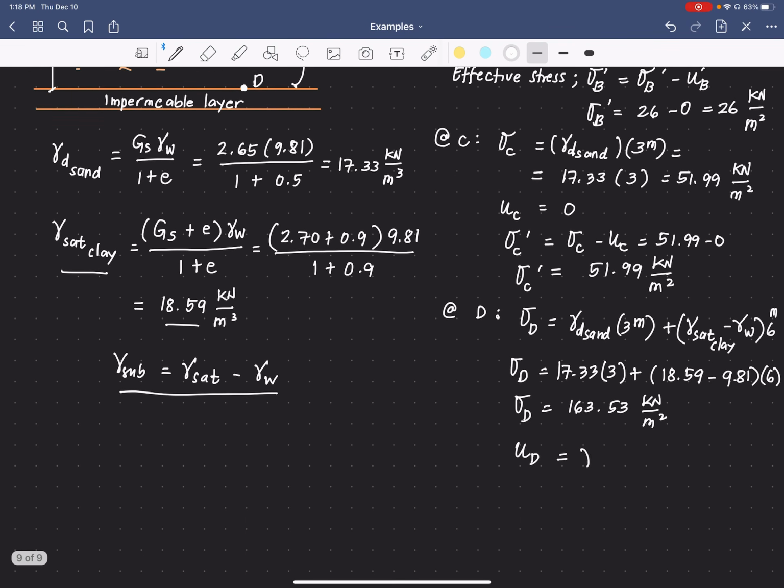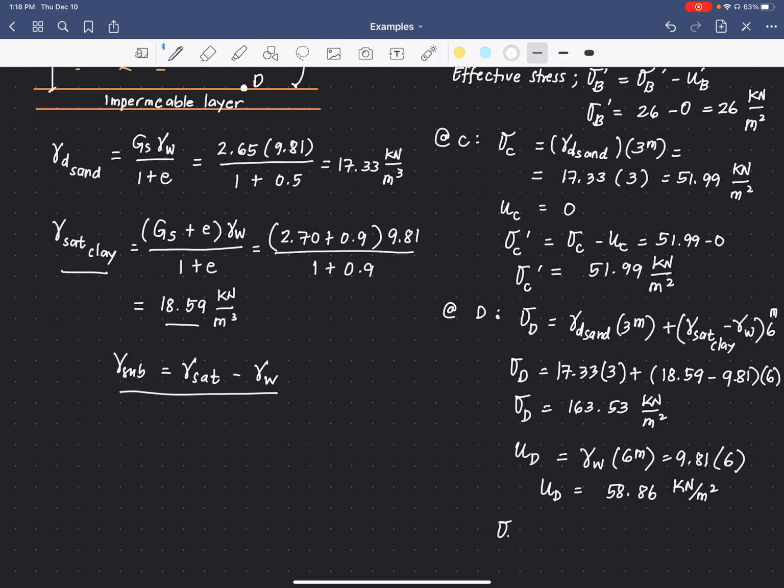So to calculate the pore pressure, this is equivalent to the unit weight of water multiplied by 6 meters, and that would be 9.81 multiplied by 6. So the pore pressure at D is equal to 58.86 kilonewton per square meter.